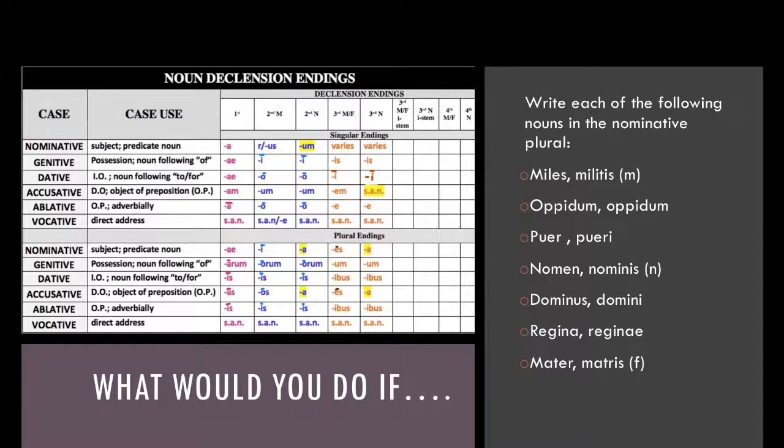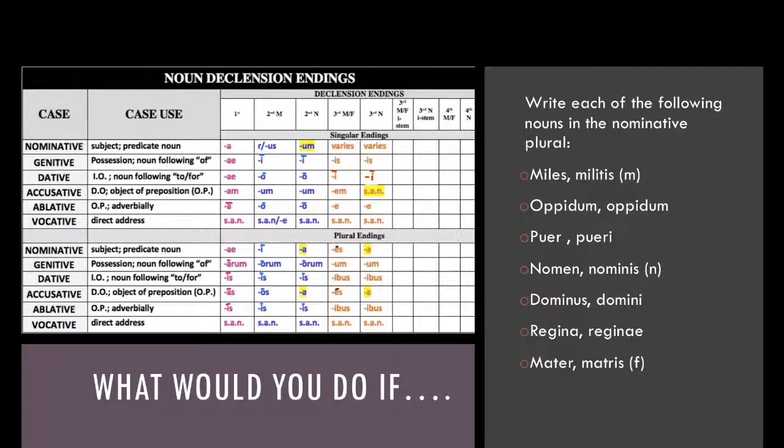Up to this point in time, most of the work that we've done with noun inflections involves reading. We've done some original composition where you're using the nominative and the genitive form of the noun, which is easily found on a vocabulary list.